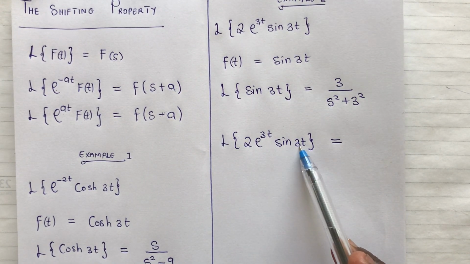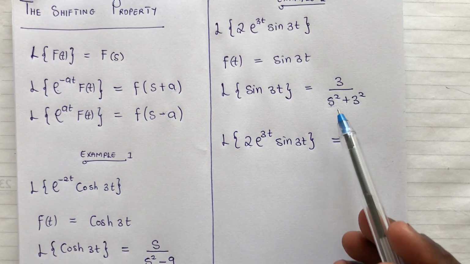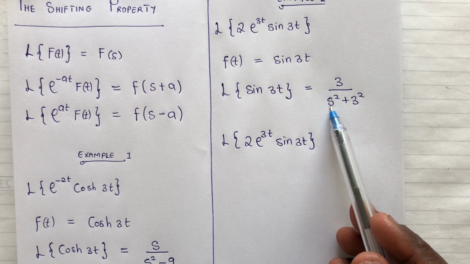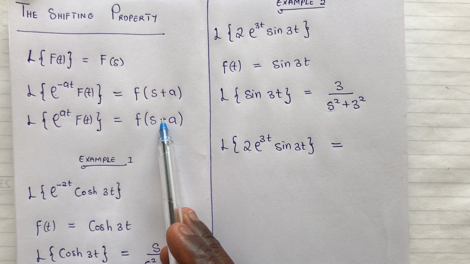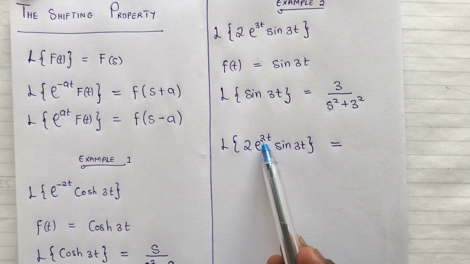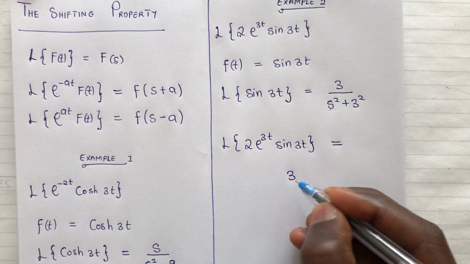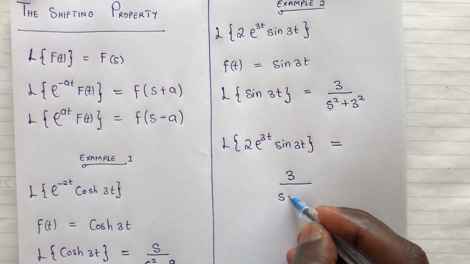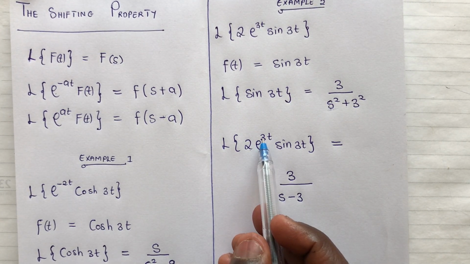Now we know the Laplace transform of f of t, which gave us this result. This means that wherever we see s here, we substitute s minus a, where this a is representing the value 3. This result is going to give us 3 over s minus 3. Remember, this 3 is coming from here.